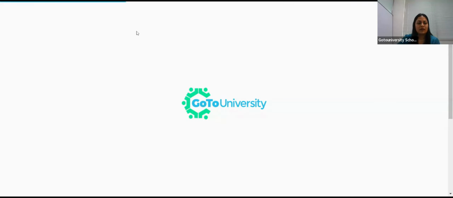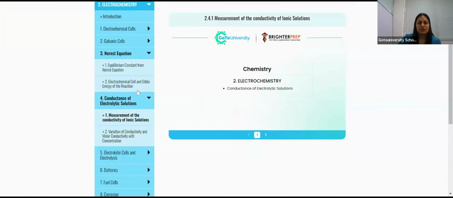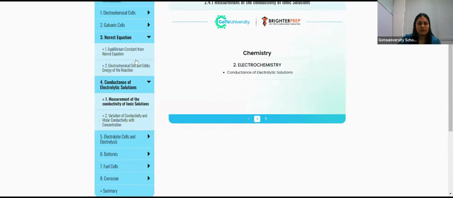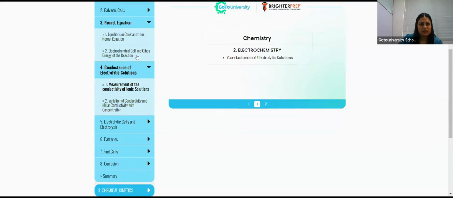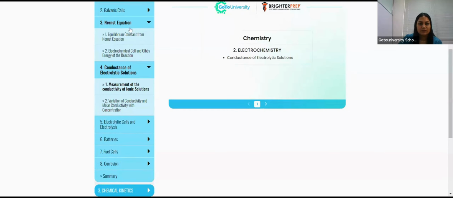We have done their construction and the working of the cell. We deeply understood the working of the galvanic cell and how to apply the Nernst equation, what the Nernst equation is, and the equilibrium constant that relates to the Nernst equation. We have studied about Gibbs free energy also.